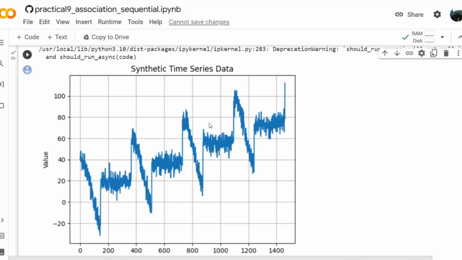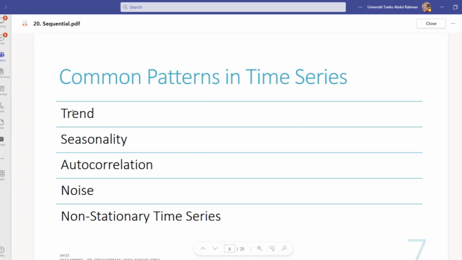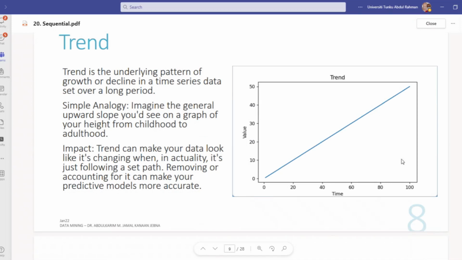Now we have univariate analysis first, but what can we sense or interpret from this figure? For time series, there are some characteristics we can use to describe time series figures. Let's look into that. The first one is trend. Trend is where you are looking for a relationship or underlying pattern, growth or decline, in time series data over a long period of time.